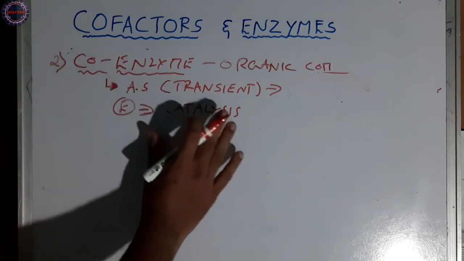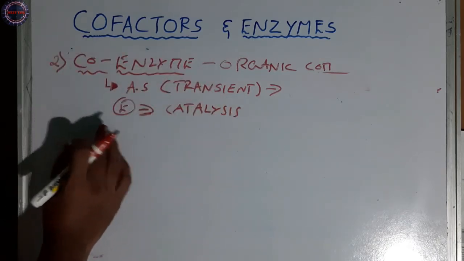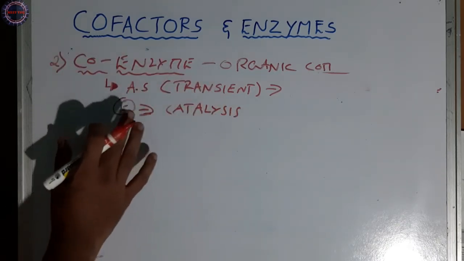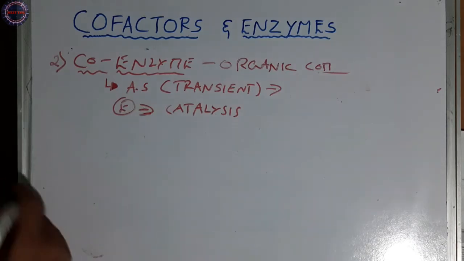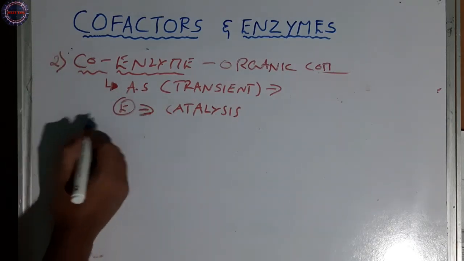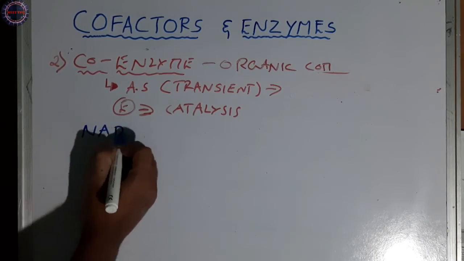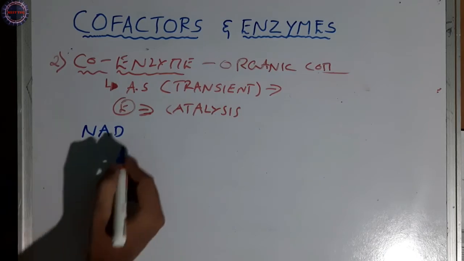Got it? After the completion of the reaction, this coenzyme will detach from the active site of the enzyme. There is a bit of difference between prosthetic group and coenzyme, but it's very easy to understand. So I will give you one example, which you are a bit familiar with, NAD. What is NAD?